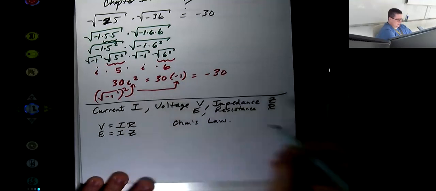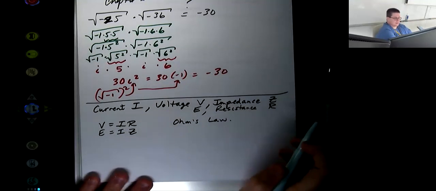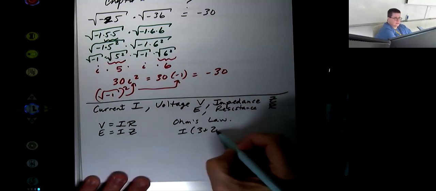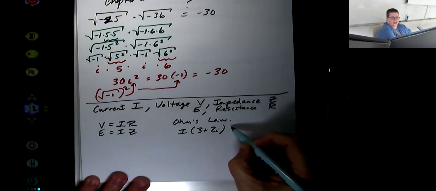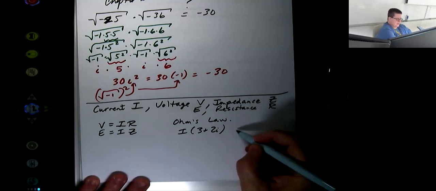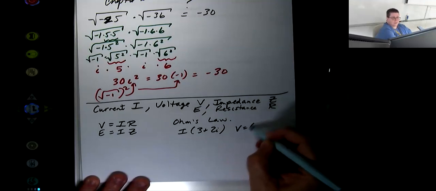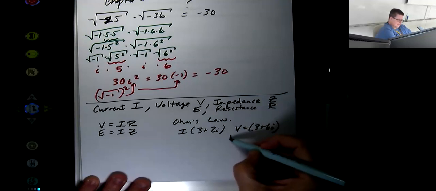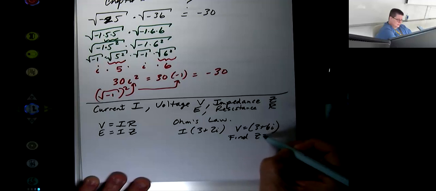I'm going to use V equals IR because it makes more sense to me. They have I equals 3 plus 2i, and V is 3 plus 6i, and they want us to find Z, which is R.